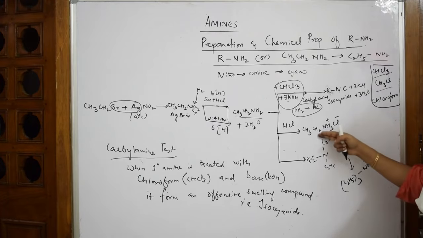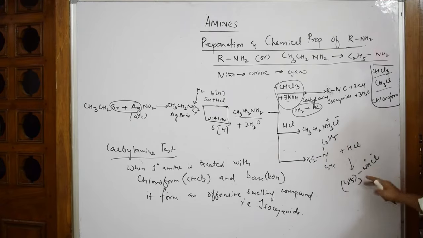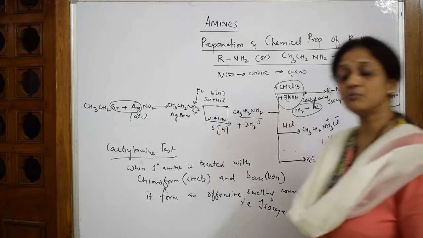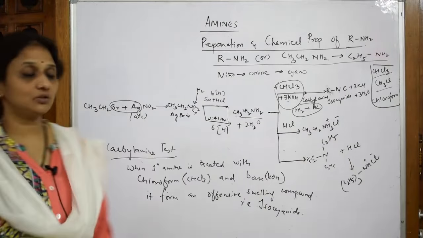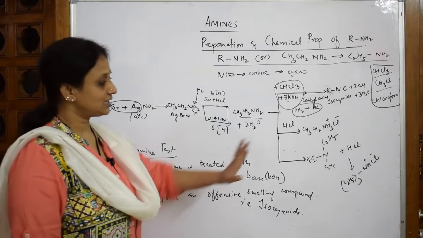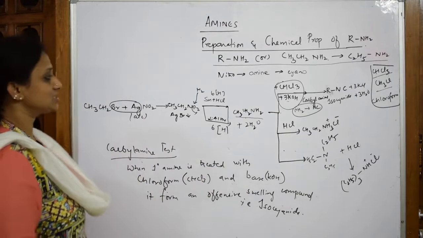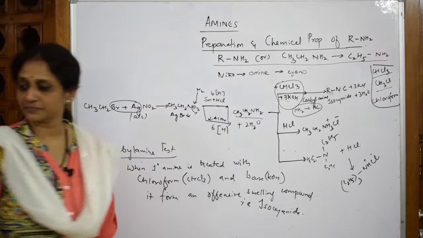This is primary, that is ethyl ammonium chloride, secondary, and tertiary. So it's going to form an addition compound, converting into salts with HCl. Amine is basic, combined with an acid, forming a salt. So remember these reactions. This is the second set of reactions.